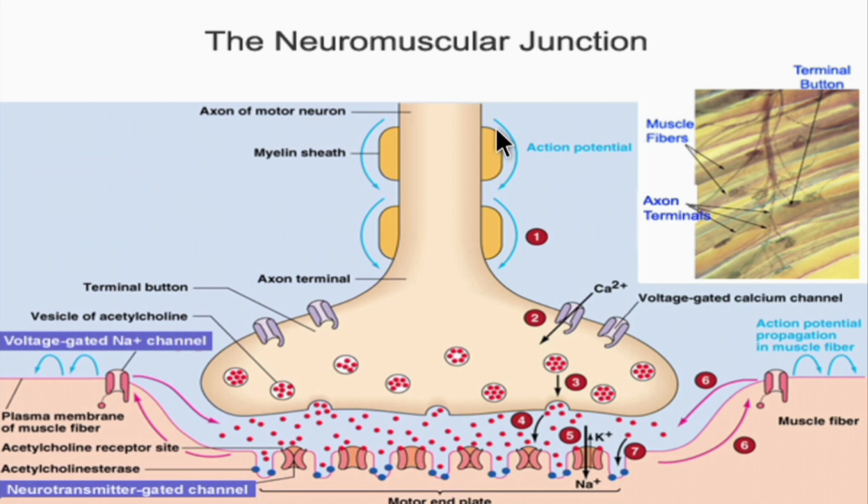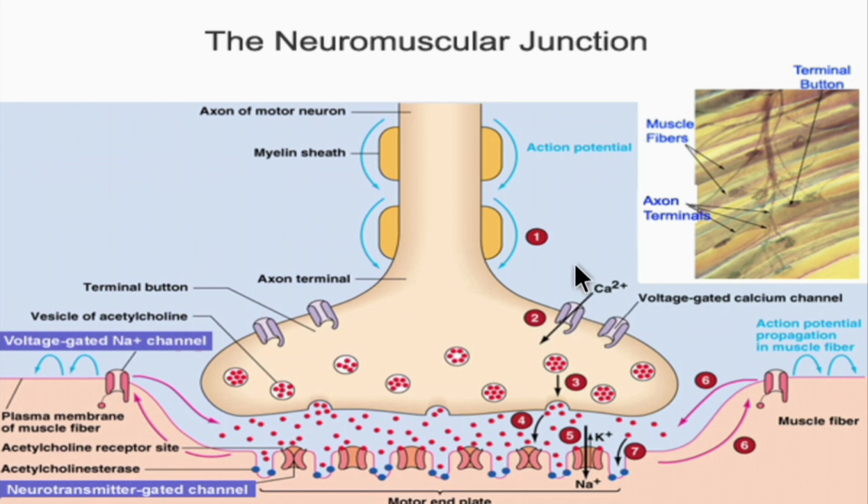First of all, an action potential or impulse comes along the axon membrane or axolemma. When it reaches the axon terminal, it causes opening of the voltage gated calcium channels.